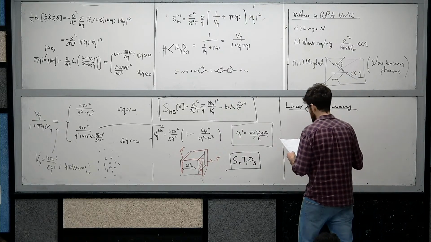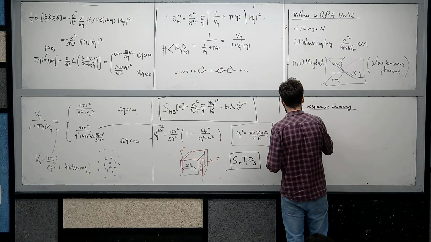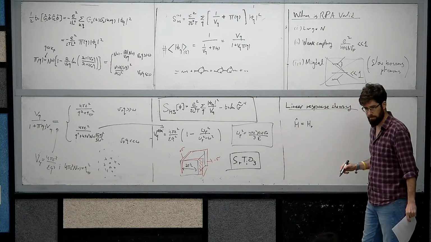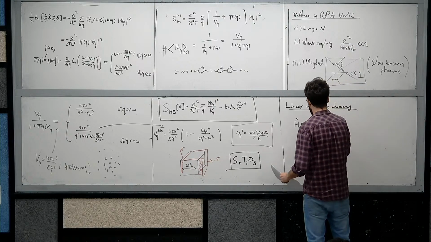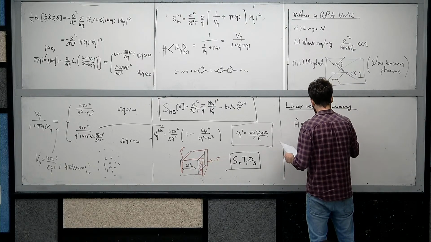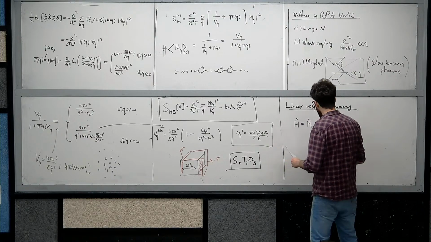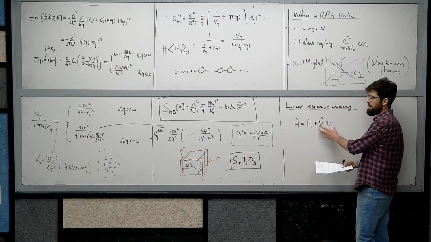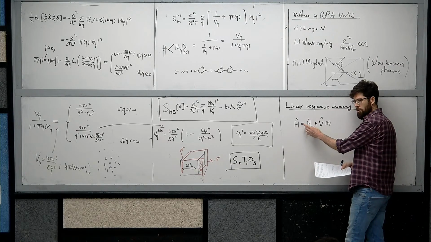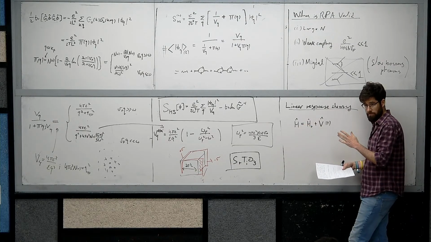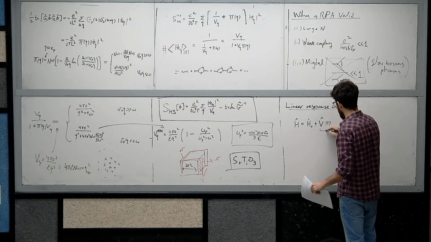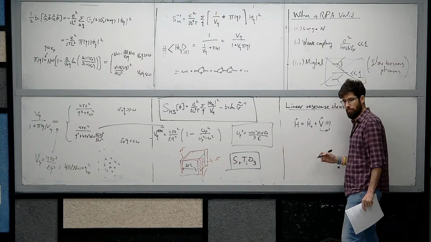So we start by considering a Hamiltonian which is divided into some static term, and what we will call an interaction. It doesn't have to be really an interaction, and this part H0 can be interacting, but we call this an interaction in the sense that it's the interaction with the field.